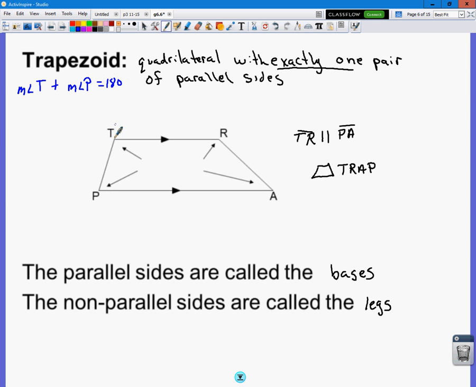Can you tell me why we know that these two have to add up to 180? Not a linear pair? They're same side interior. Likewise, the measure of angle R plus the measure of angle A will add up to 180 degrees because they're also same side interior angles.